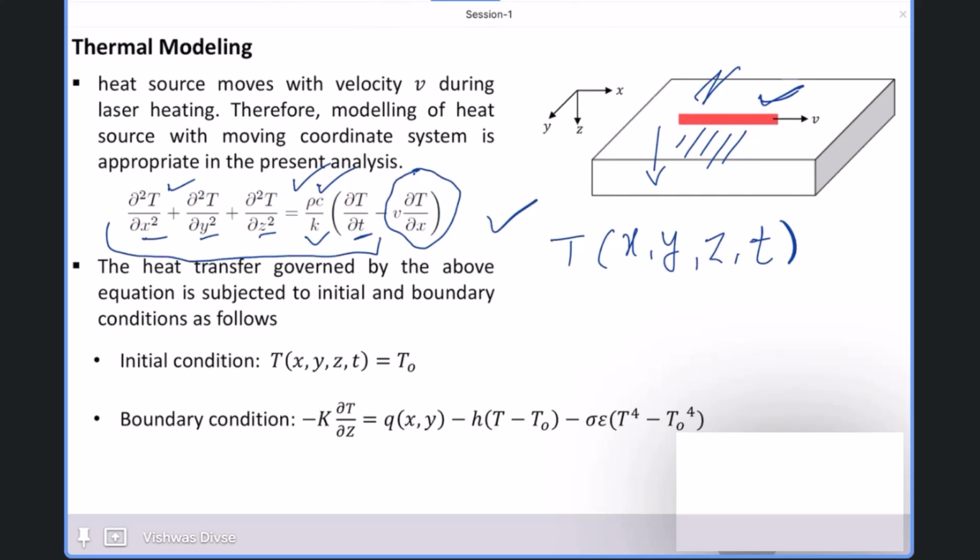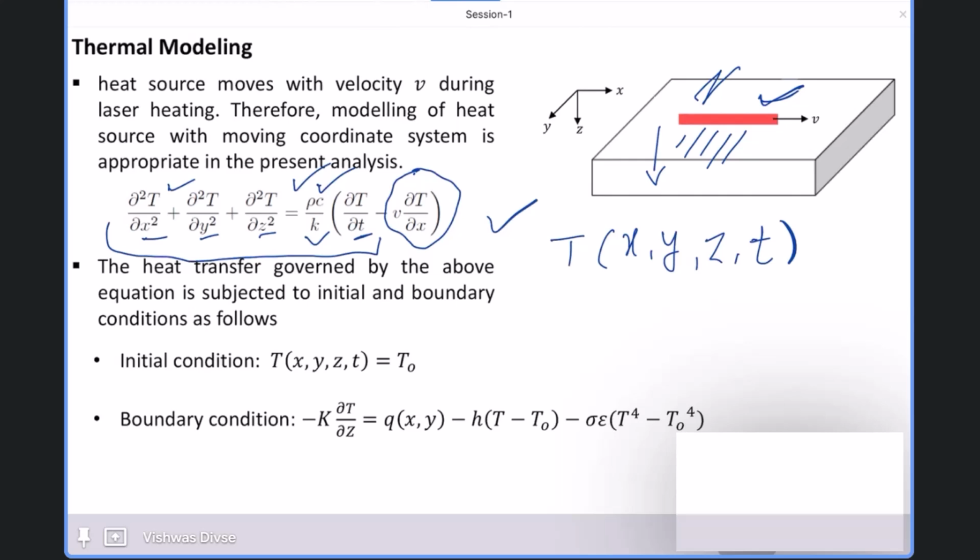But theoretically, you should be very clear. If somebody asks you how your heat conduction equation will change in context of moving heat source, theoretically this term should be added. If you are writing your code in MATLAB or some other programming language, this term should be there, then only we will get accurate results.